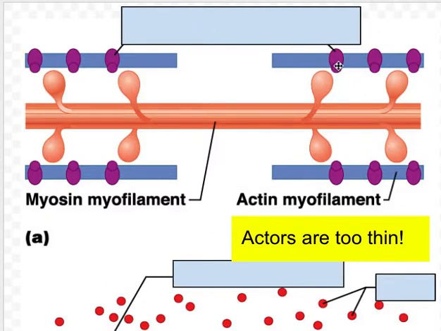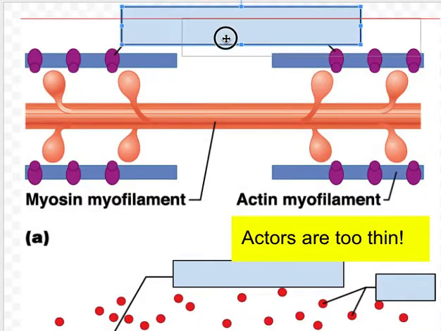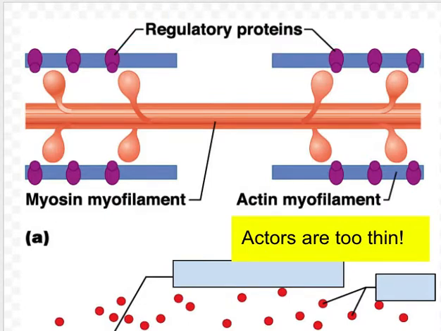Okay, and now, what about these little purple guys? A lot of times in life sciences, purple is used to represent proteins. We're just going to overgeneralize here and call these regulatory proteins. You're going to hear in another video clip that there are specific names for these regulatory proteins. We have bigger and better fish to fry, so we're not going to spend a lot of time on those names.